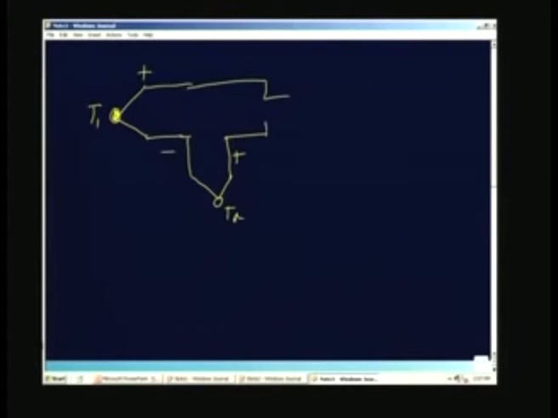This is one single thermocouple. We have already seen this. This is single. Suppose I do the following.